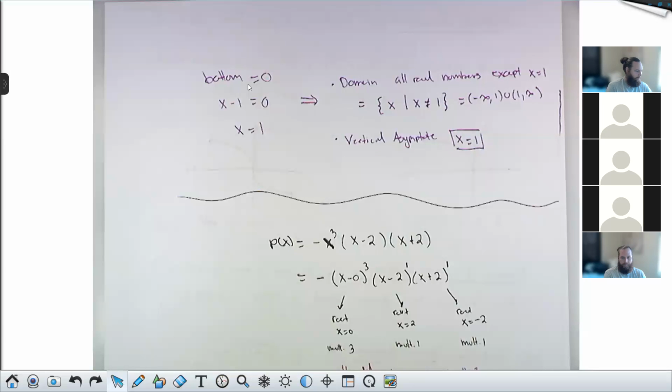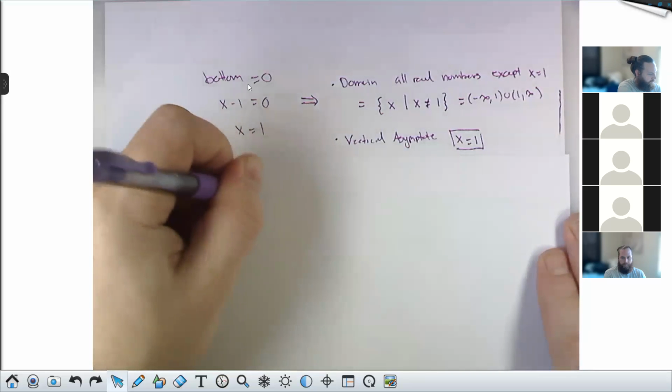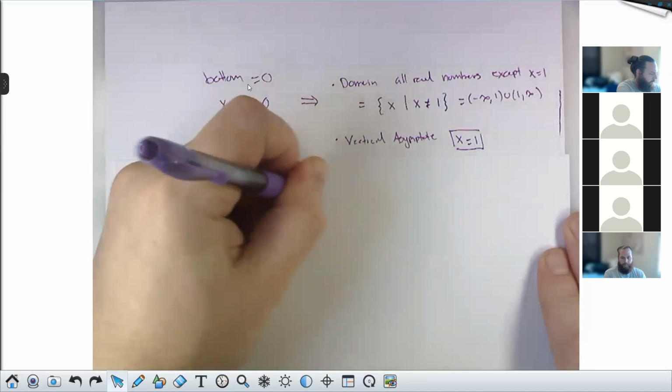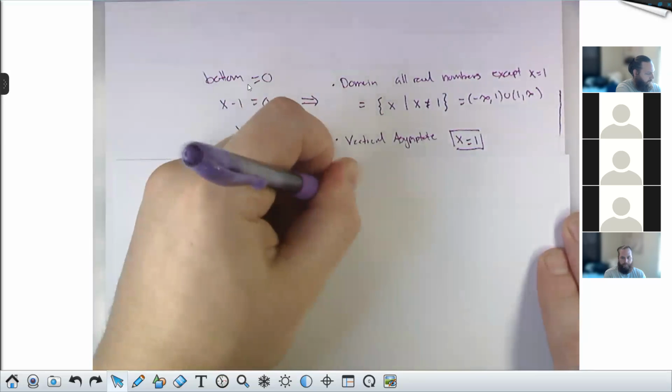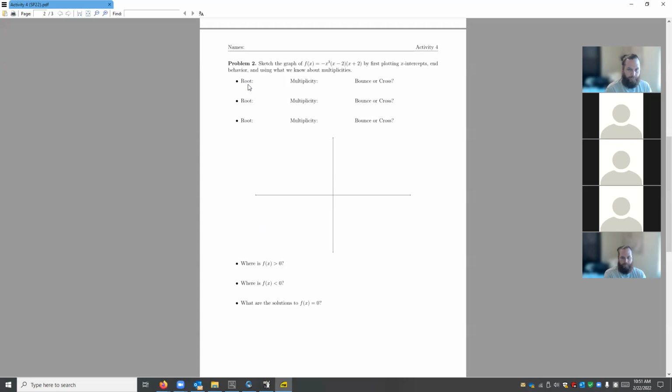The other things we need are the intercepts and the horizontal asymptote. The x-intercepts, these always come from setting the top equal to 0. And the top here was 2x plus 4, is that right?